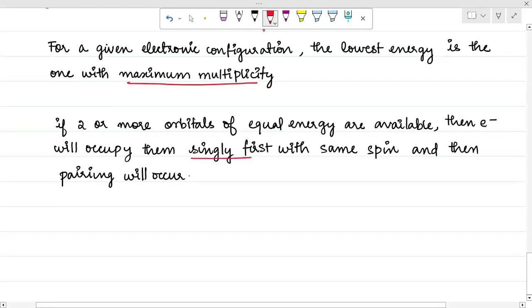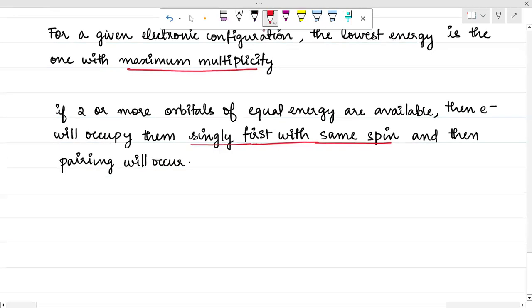Singly first with the same spin. Important. Okay, I'll explain this.